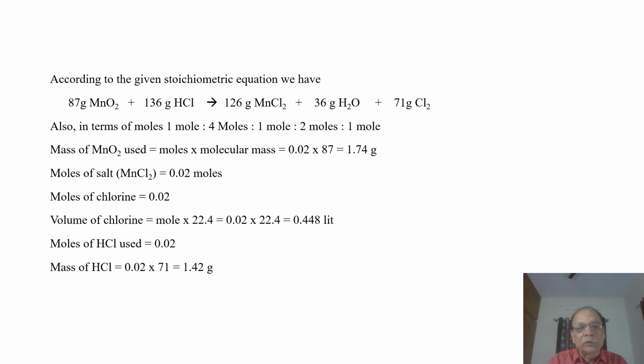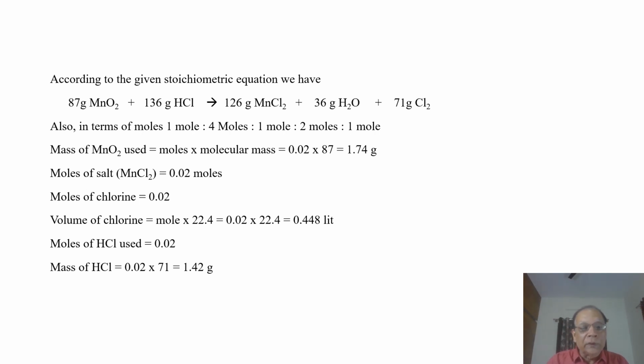So if MnO2 used is 0.02 moles, it is 0.02 moles of MnCl2 formed. Moles of chlorine also is 0.02, as 1 mole of MnO2 is converted into 1 mole of Cl2 by 4 moles of HCl.